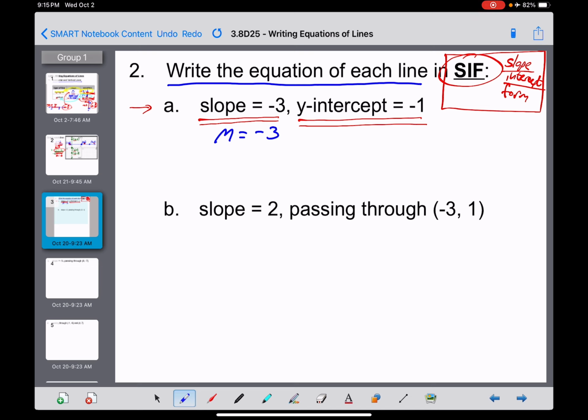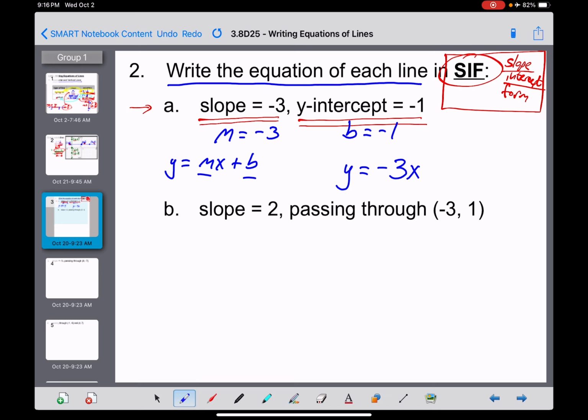m, our slope, is -3. b, our y-intercept, is -1. So when we go to slope-intercept form, which is y equals mx plus b, we need numbers to put in here for m and for b. And guys, we've got them. In this problem, it's going to be y equals, our slope is -3, we follow that directly with an x, and then plus our y-intercept of -1.